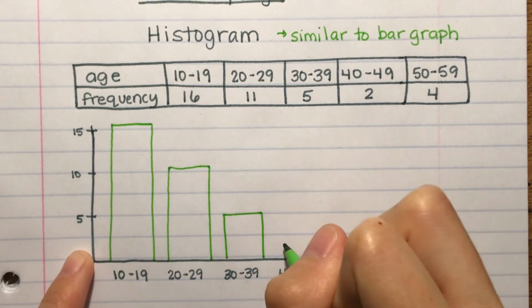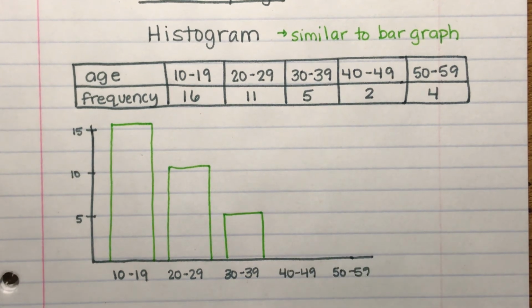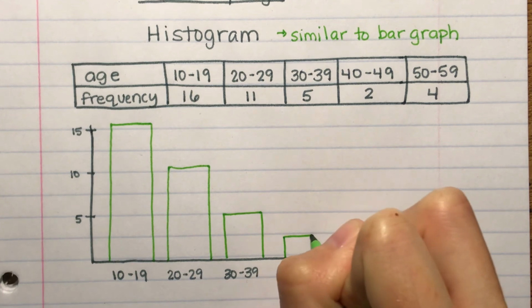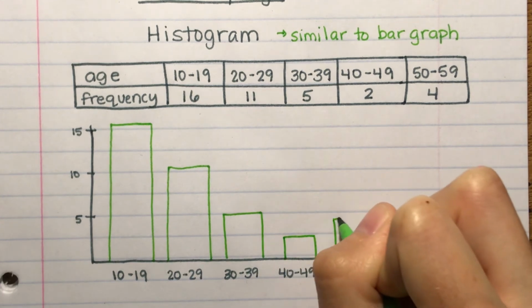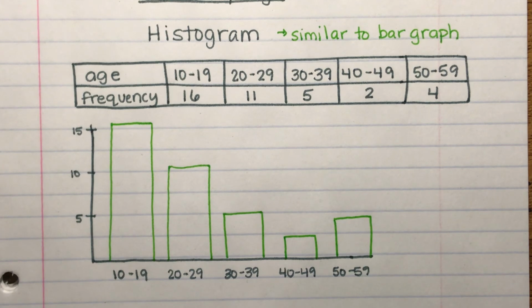So again, I'm just estimating here, but when you make yours, you can definitely change it up if you want. And you can have more numbers along the side if you'd like. So I'm going to say the number 2 is about right there. And then I've got the number 4, so a little bit taller. All right. That's it. That's a histogram.